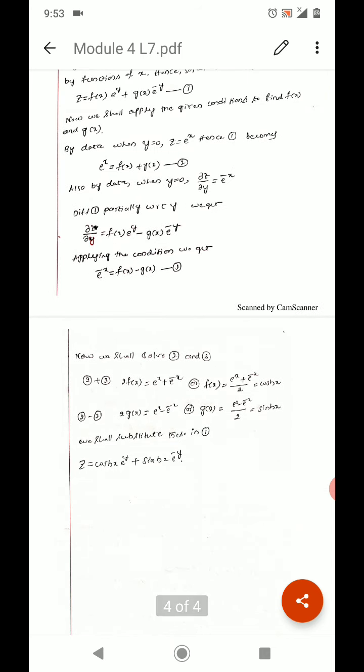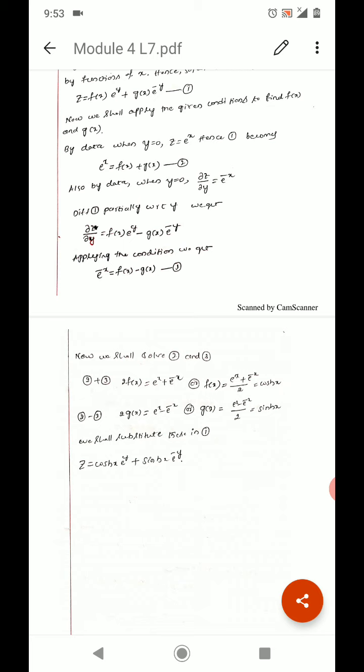Now solve equations 2 and 3. So by adding equations 2 and 3, we get 2 into f of x equal to e power x plus e power minus x, or f of x is equal to e power x plus e power minus x divided by 2, which can be written as cos hx.